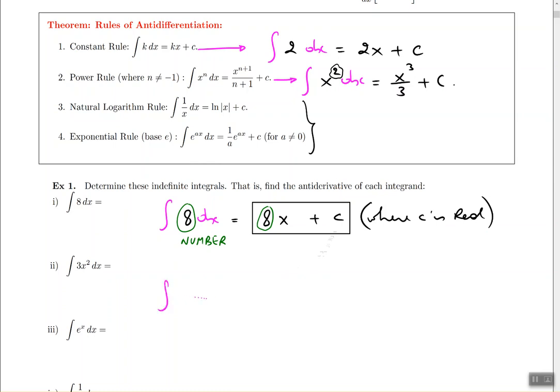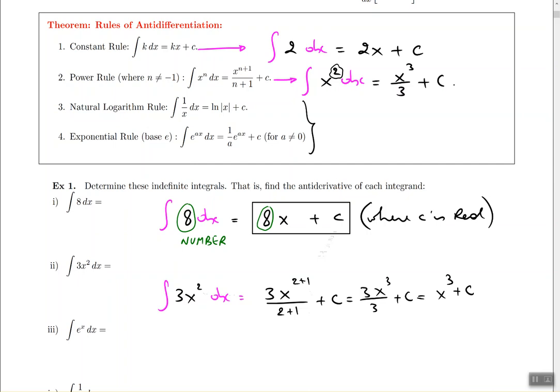The next one says 3x squared dx. So what's the antiderivative of 3x squared? That's going to be the second formula that we learned. It's 3x to the power of 2 plus 1 divided by the same thing, and plus c. So in other terms, this is going to be 3x cubed over 3 plus c, which is the same thing as x cubed plus c.